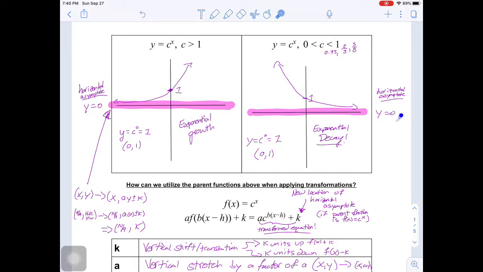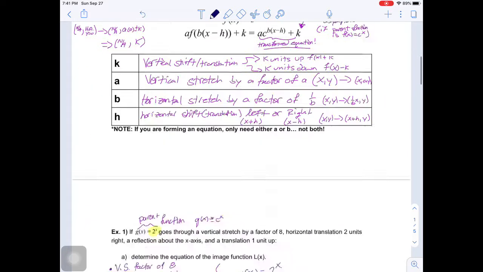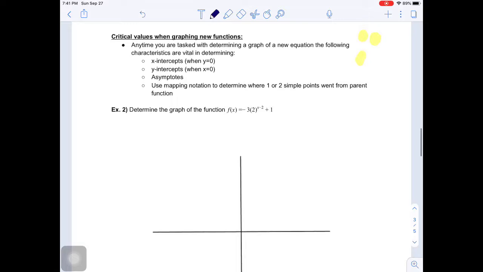Recall that y equals 0 does not get affected by vertical stretches, so this a value. That being said, this is only going to be affected by our vertical shift. So let's see how we can use that to our advantage. Anytime you want to graph a new function, you have to find some important critical values.